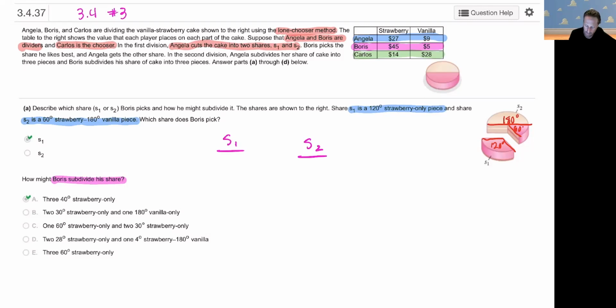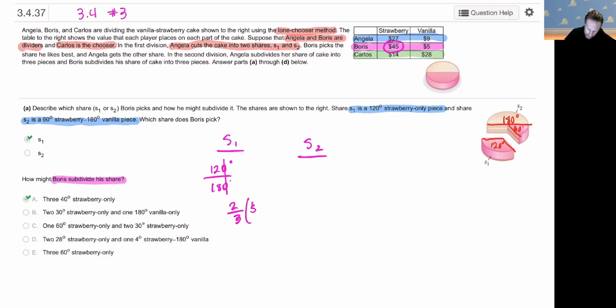In section 1, there are 120 degrees out of the 180 degrees of strawberry. If we reduce that down, we can divide by 10 to drop those zeros, and then 6 goes into each of those 2 and 3 times. So section 1 has 2/3 of the strawberry. And remember, he valued strawberry at $45.